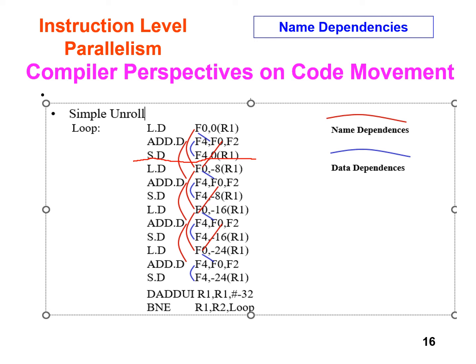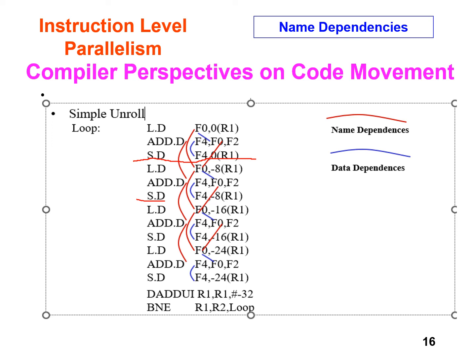Look here at F4 and F4, both instructions writing into the same register. This is called a write after write hazard. Look at this name dependency in the next loop. Here also F0, here also F0, here also F4, here also F4. So these are all the dependencies.